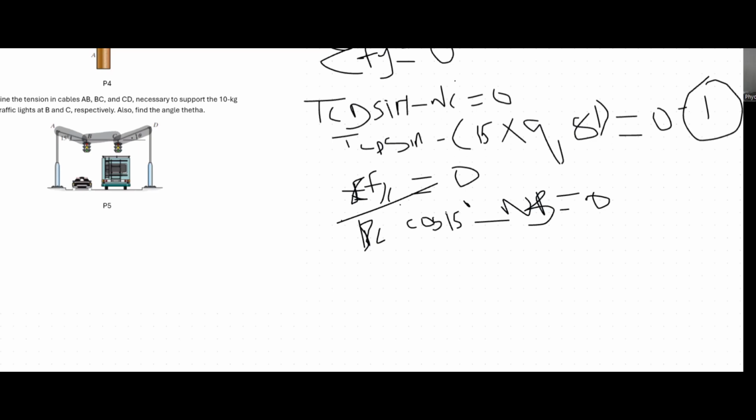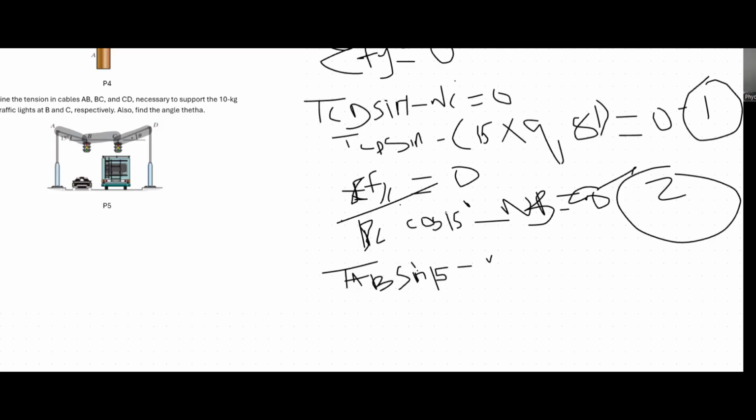This is equation two. So we're going to say TAB sine 40 times... minus TBy equals 0.